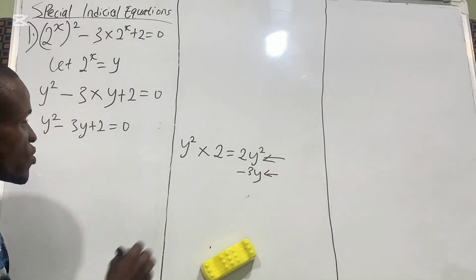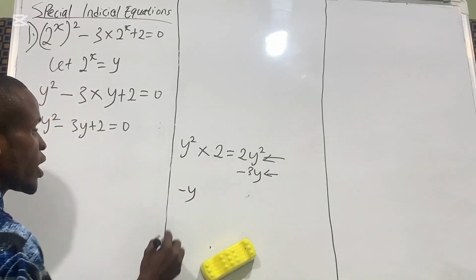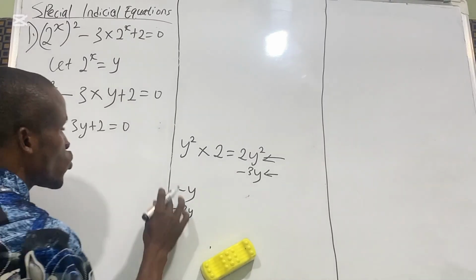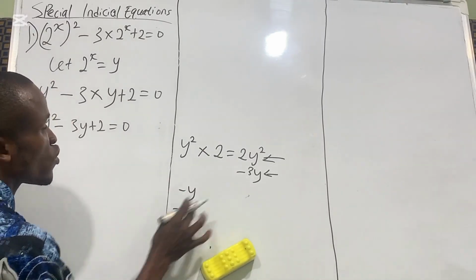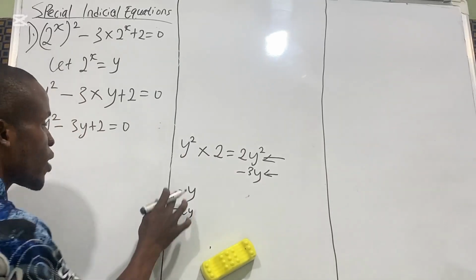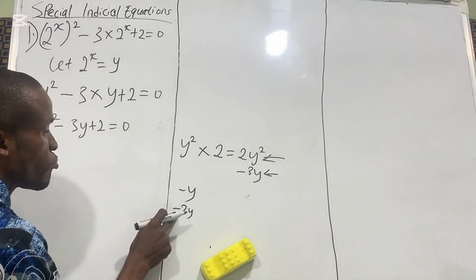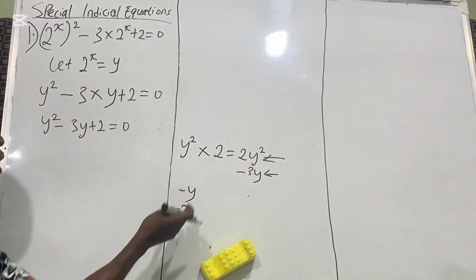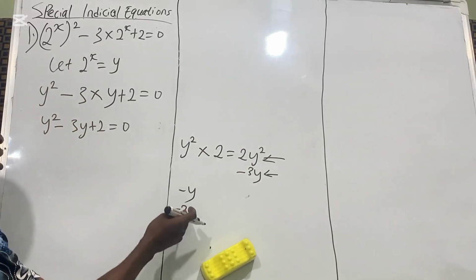If we use minus y and minus 2y, adding them gives minus 3y, and multiplying them, minus y times minus 2y, gives 2y squared. So the factors are minus y and minus 2y, that's minus 1 and minus 2.